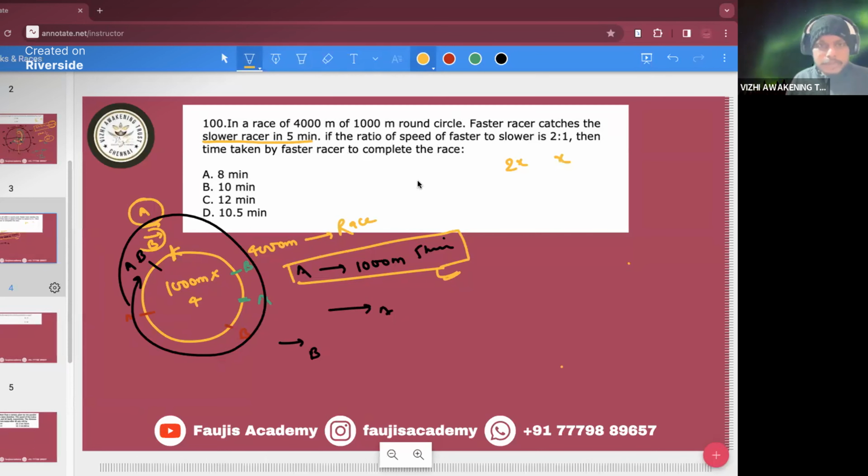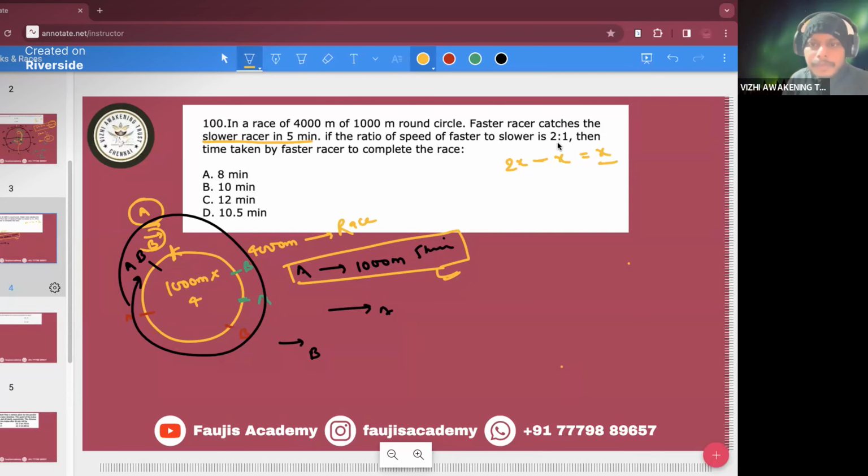In this case, their difference will be x. So in 5 minutes, this was the gap that was essentially closed.